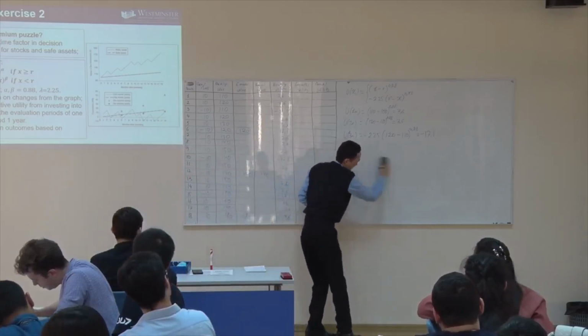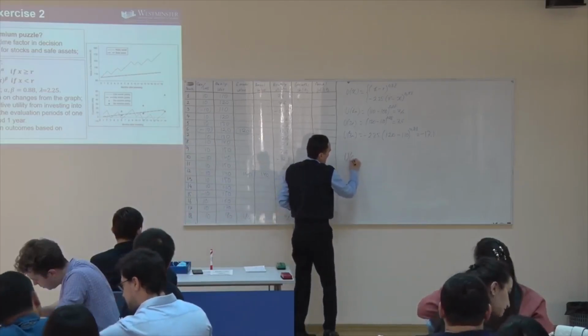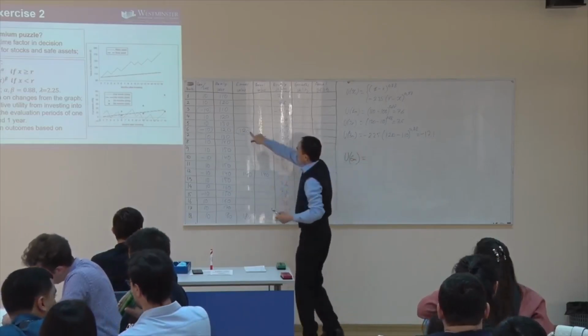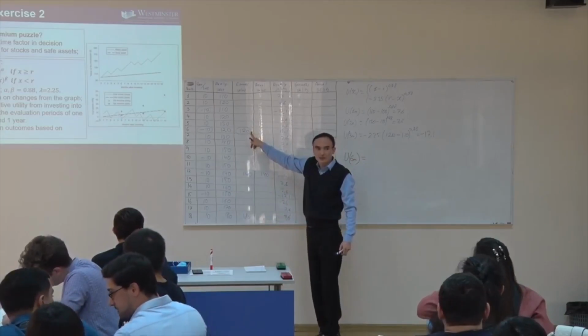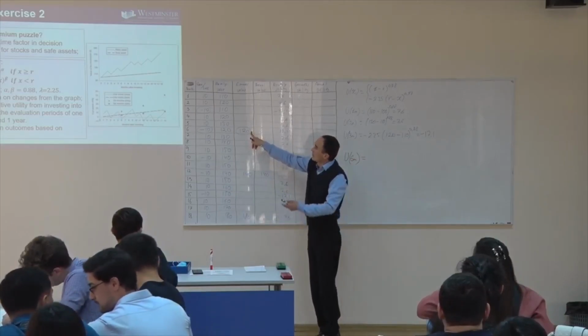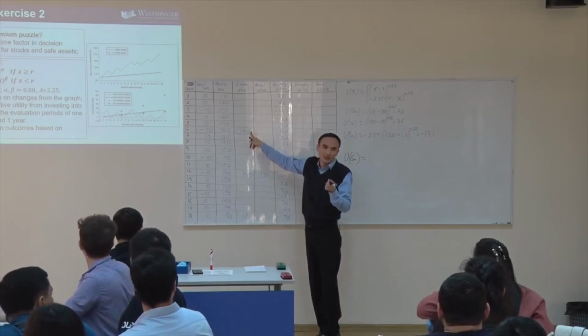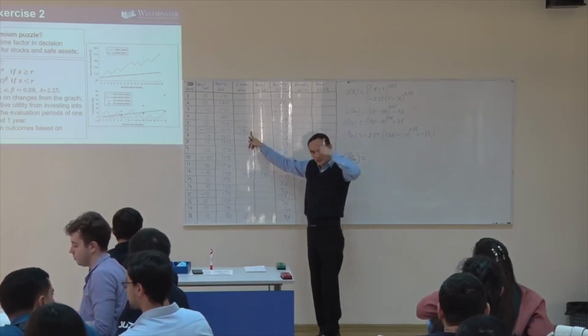The final wealth at the end of the 6 months is going to be 120. And what is the reference point here? 100. Yes?